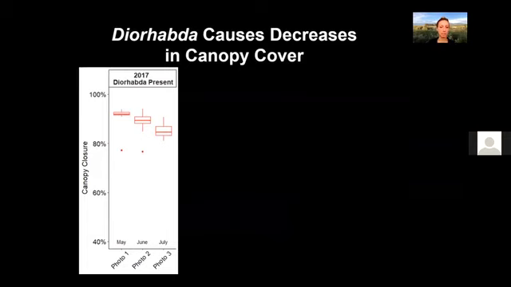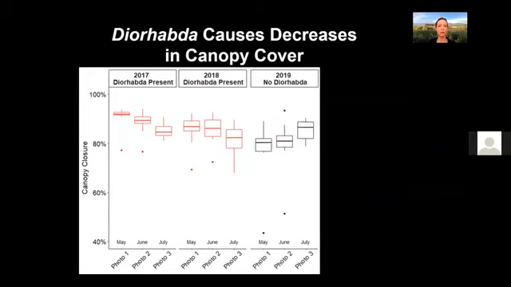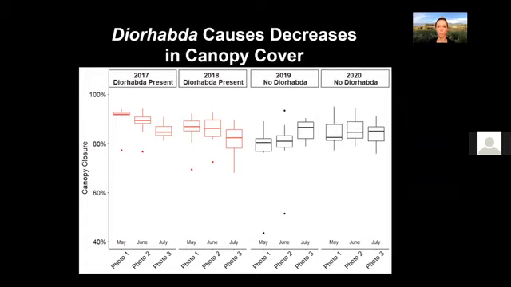In the second year of defoliation in that site, 2018, average canopy cover for the site starts a little bit lower, just under 90%, and continues declining even further to just over 80% on average by the end of the season. Now, Diorabda did not colonize this site in 2019 or 2020, giving the habitat a chance to recover.